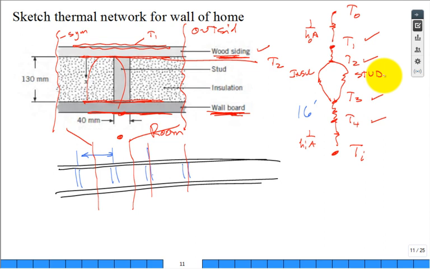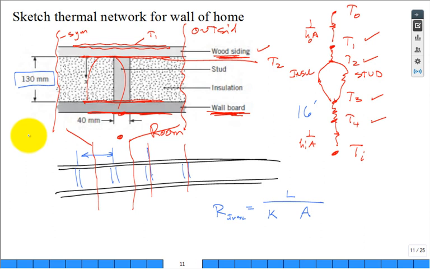Or metal stud if you had metal, whatever the stud is, whatever the supporting structure is. Okay. So here is an example where, I'm just saying it again, they're in parallel. A little bit of geometry to help you figure it out. Let's do the resistance of the insulation. Well, it's going to be the thickness of the insulation, the thermal conductivity of the insulation, and then some area for the flow. So in this problem, 130 millimeters.